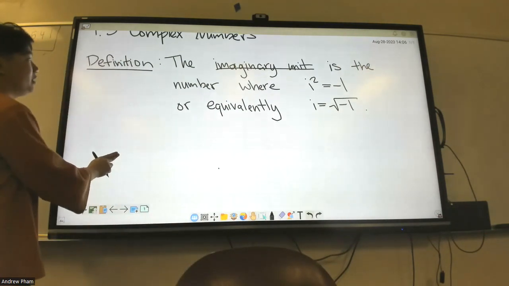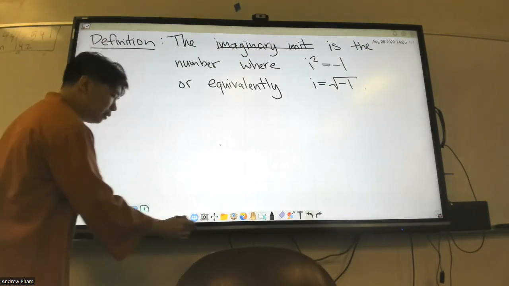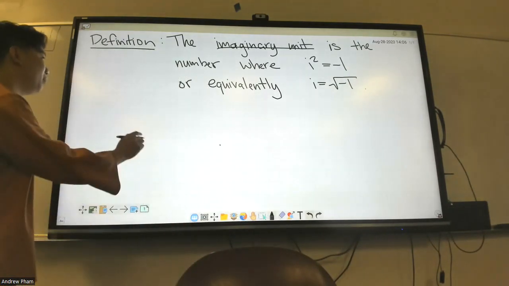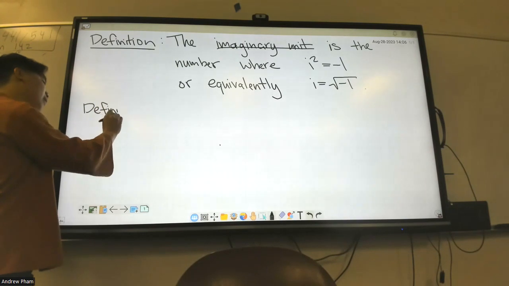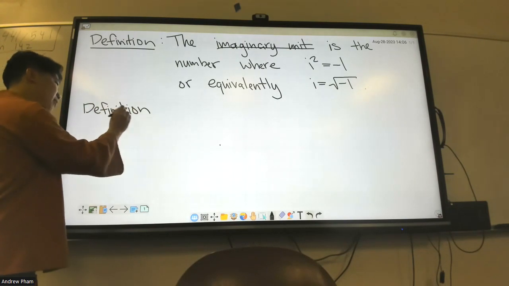Now for the next definition, let me just move this up. We're going to introduce what is a complex number. So definition number 2.